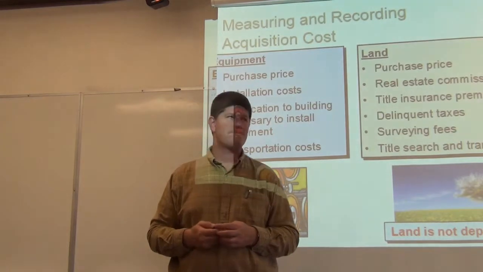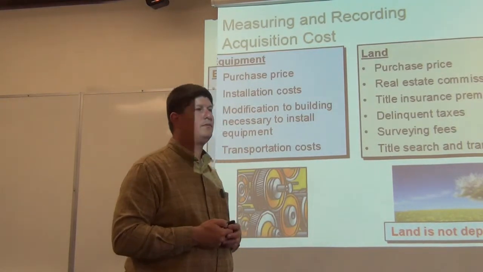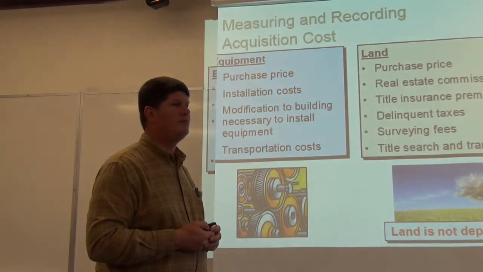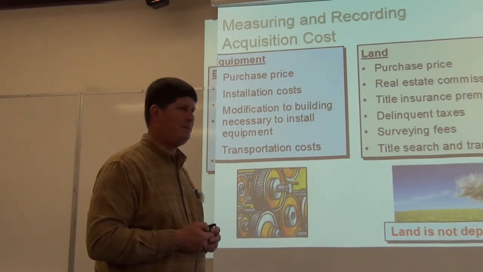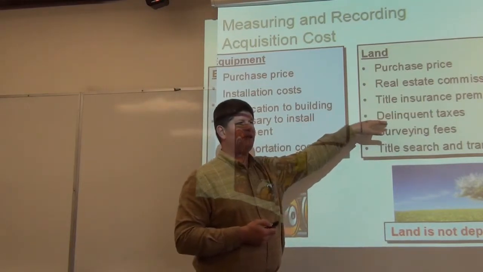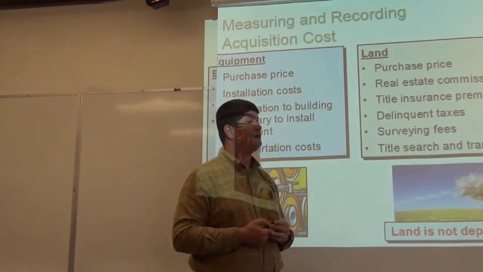Okay? Yes, ma'am. How does that relate when, like, the neighborhood becomes delinquent, and so the value of everything goes down? Okay. But when you buy it, it's a single point in time. So you're going to have a price at that point in time, right?